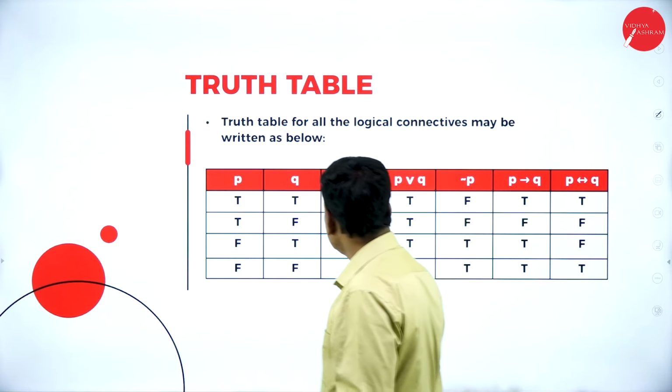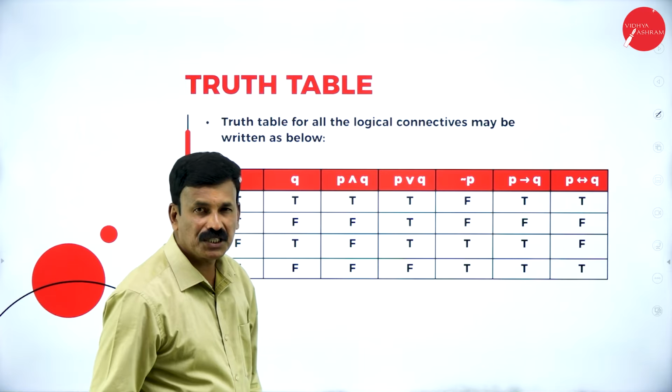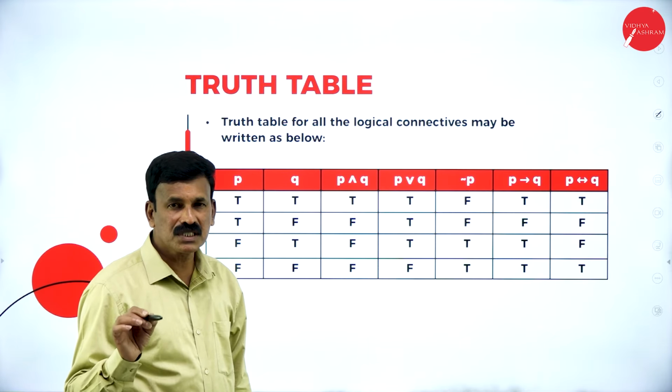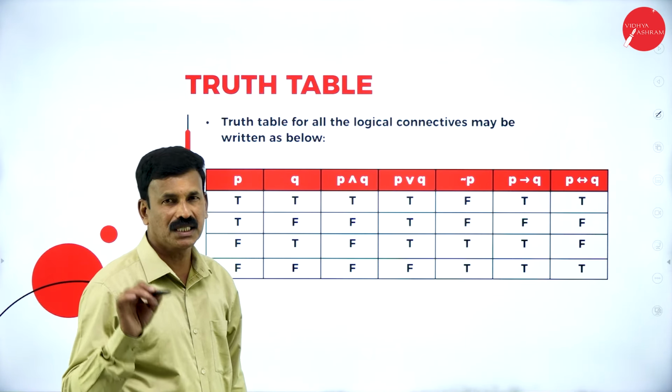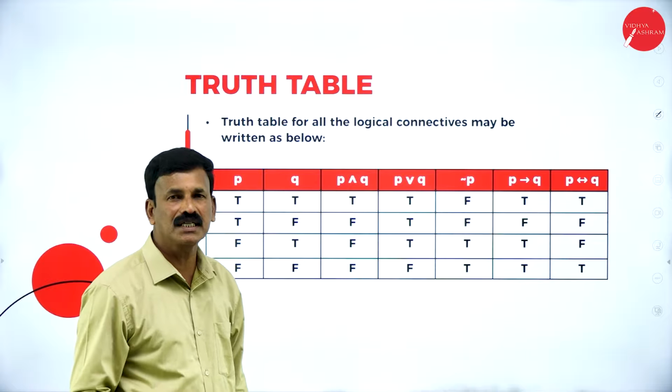Now, let us write the truth table for all the connectives. In the examination, they may ask a 6 marks question: write the truth table for conjunction, disjunction, conditional, biconditional and negation.